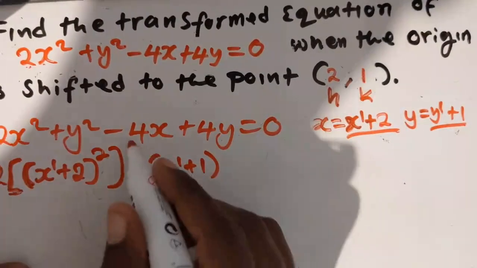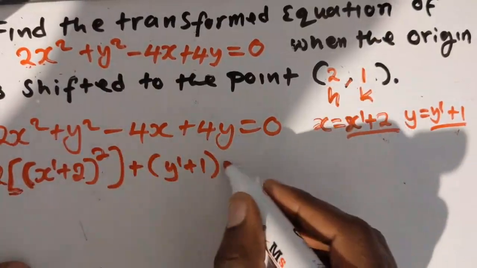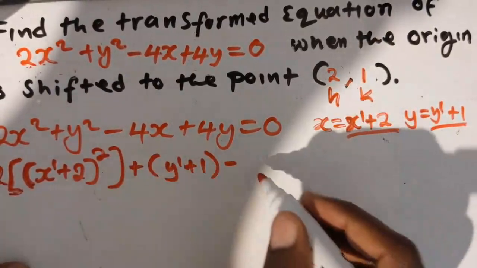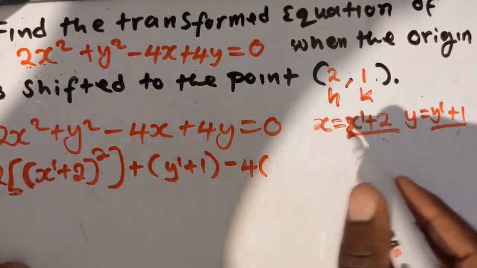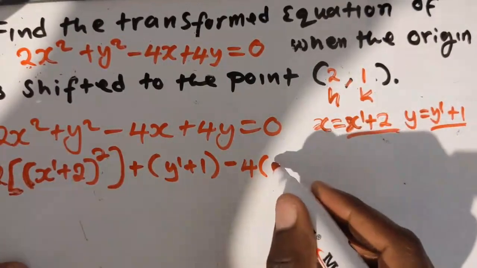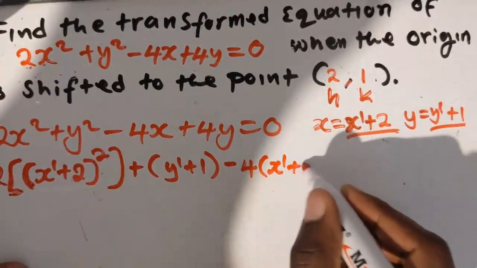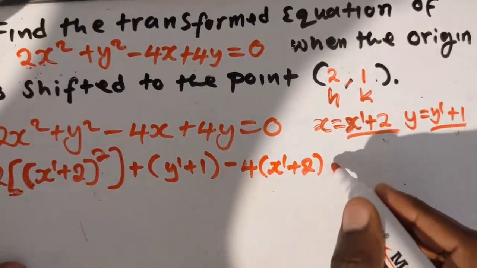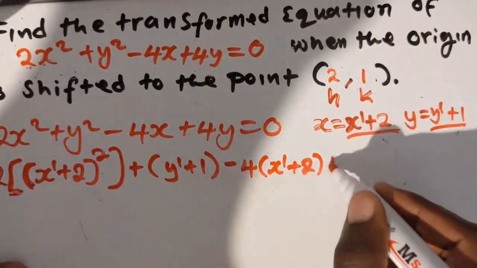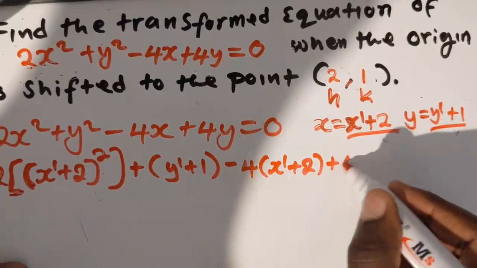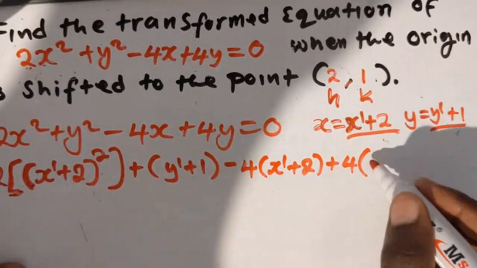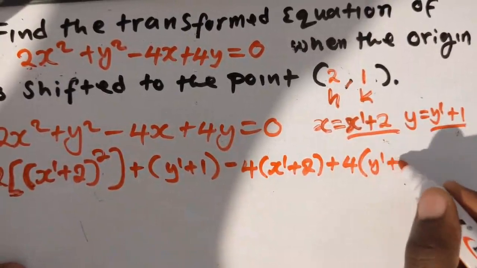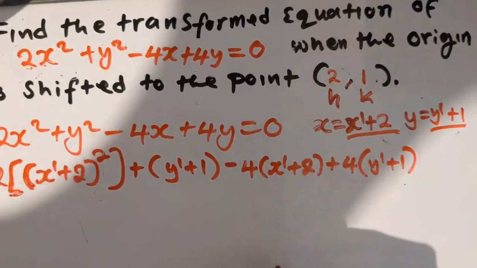So here we are going to say negative 4, then x, you know that x is just x prime plus 2, so x prime plus 2, then there is plus 4, then y is y prime plus 1, like that.